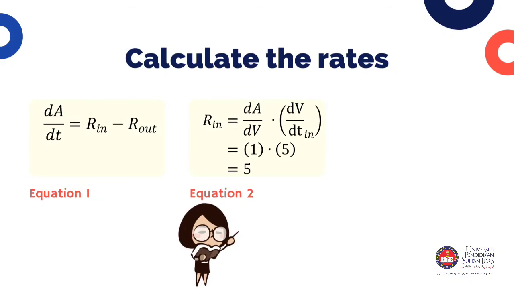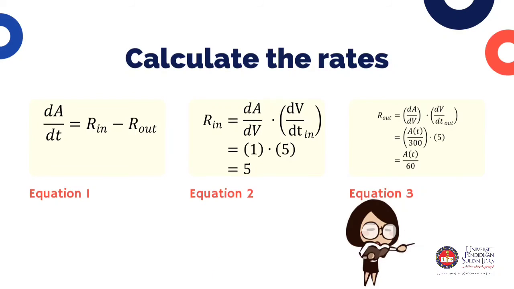First, let's calculate the rate in of salt. Rate in of salt equals the concentration of salt times the rate of water flow, dV over dt in. The concentration is 1 and the rate is 5. Multiplying, we get 5. Let this be equation 2.